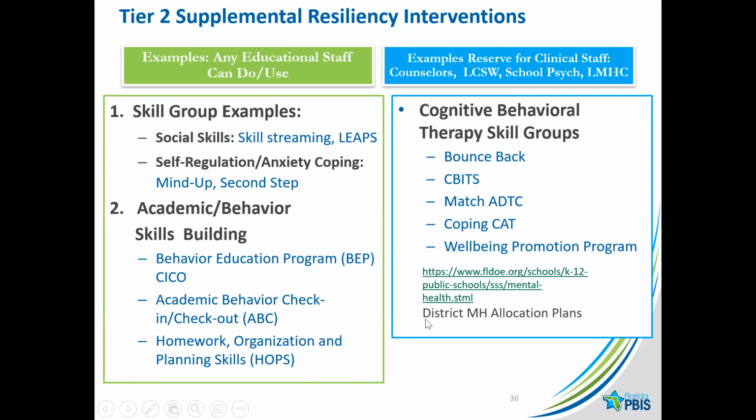And then on the right, another district connection is that mental health allocation plan. So we put the link there for you on that. A lot of times that's driving some of the selected approaches. If it's a therapeutic approach like MATCH-ADTC, or materials, like if we're going to do the Wellbeing Promotion Program, that we're going to select materials and fund materials through that.